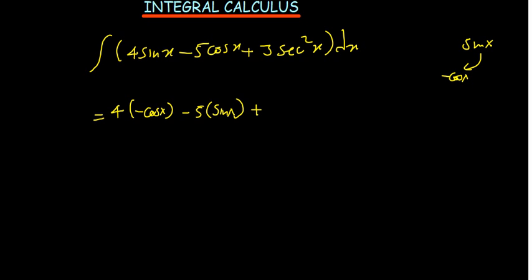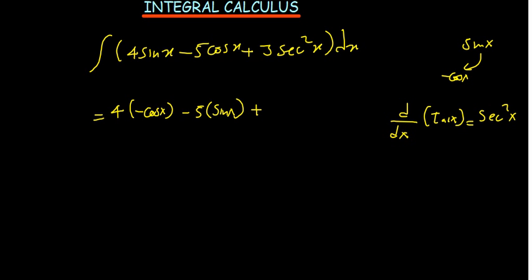And then from our derivatives, we know that if we find the derivative of tan x, this gives us sec squared x. Now let me multiply both sides by the dx so that I cancel out the dx in the denominator.